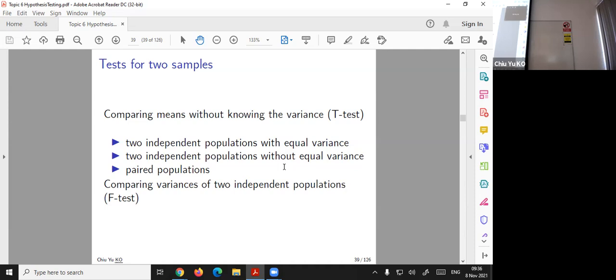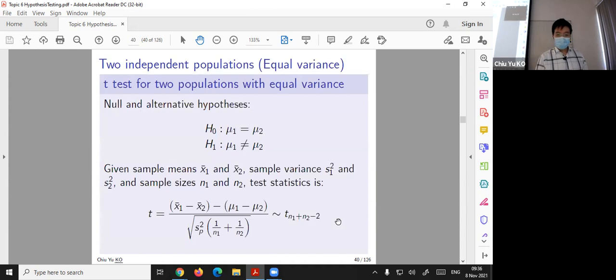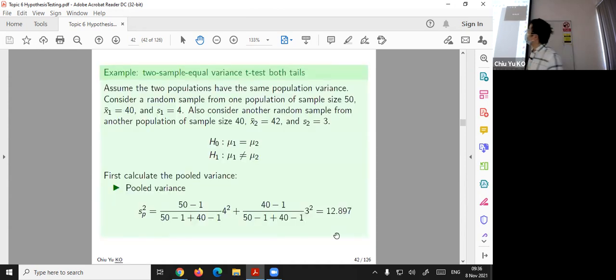So let's very quickly go over the example again. I didn't put a realistic example here, but you can imagine, as I said, you look at two different populations. Maybe the income of graduates from CUHK and the income from, say, Hong Kong UST, for example.